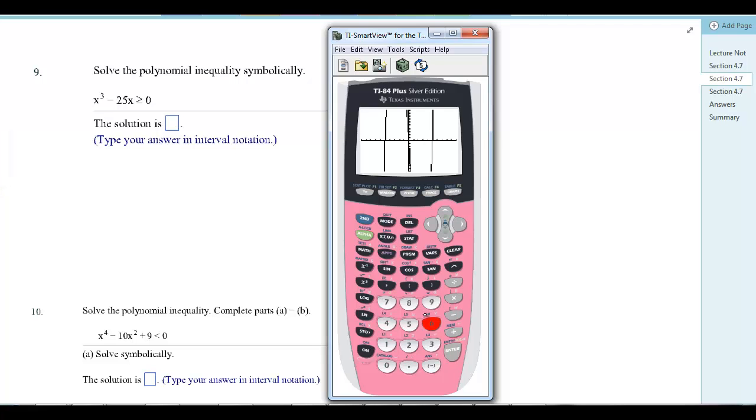Okay, and we're talking about greater than or equal to. Let me change this window, and let's make our y max 30 and see what that gets us, just so we can get a little bit better picture. All right, I'm going to go a little higher so that you can see this. Let's make that 50.